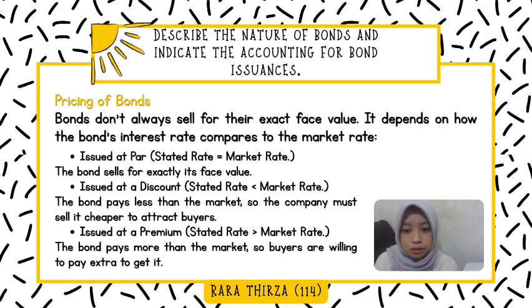When issued at a discount, or when the stated rate is less than the market rate, the bonds pay less than the market, so the company must sell them cheaper to attract buyers. When issued at a premium, or when the stated rate is greater than the market rate, the bonds pay more than the market, so buyers are willing to pay extra to get them.